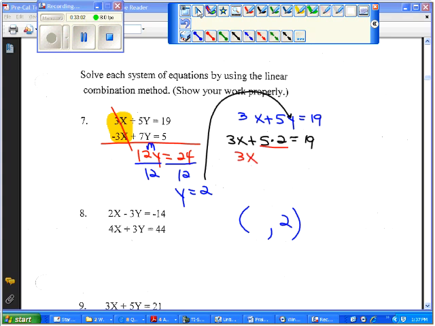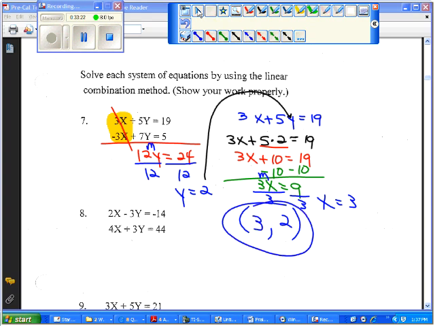So we can do that multiplication, so we get 3x plus 10 equal 19. Start undoing, subtract 10, 3x equal 9. Undo multiplication by division, x equal 3. And so the solution is 3, 2.